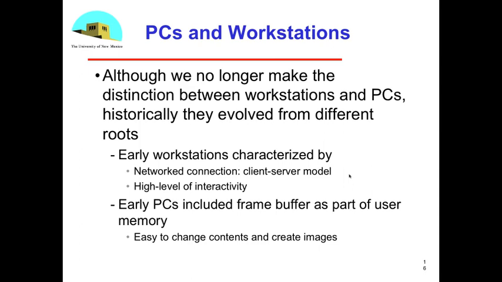But the early PCs, like the IBM PCs, were developed along a different path, and the important thing historically was that the frame buffer was part of the standard memory of the computer.